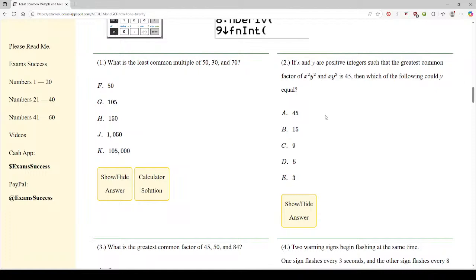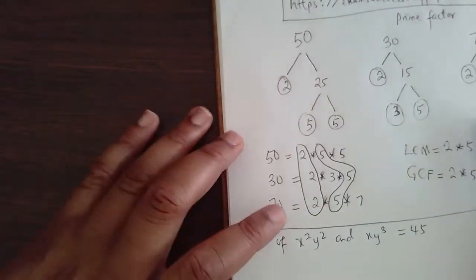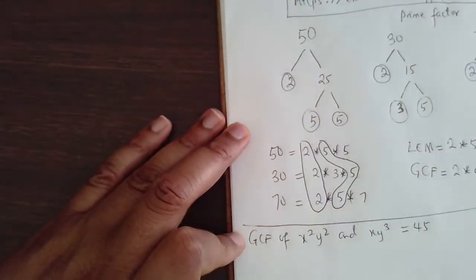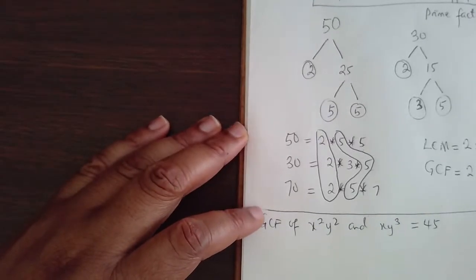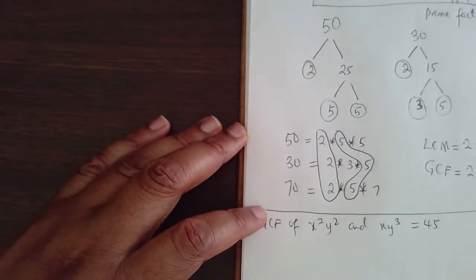So we have x squared, y squared, and xy cubed, and the GCF of this is 45. They are asking us what the value of y could be.